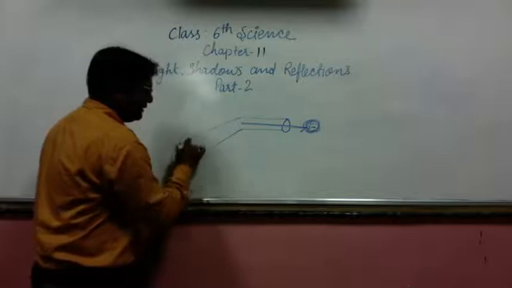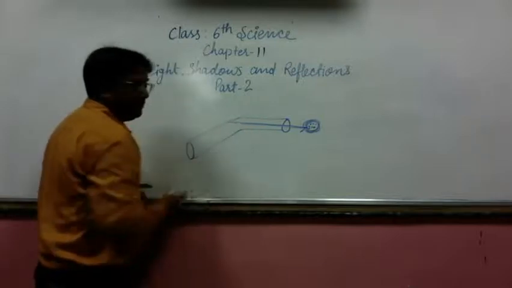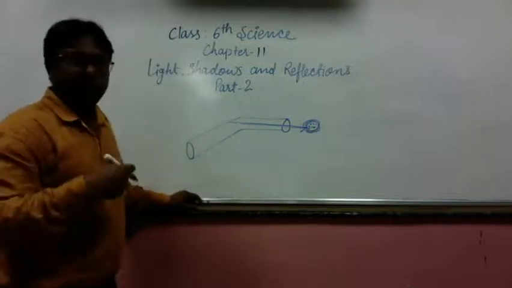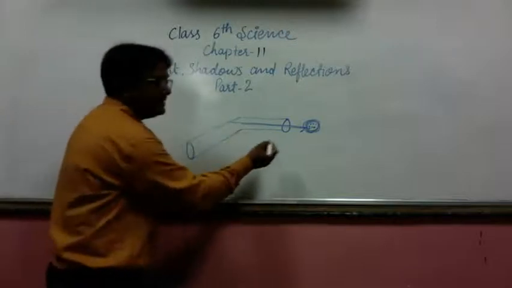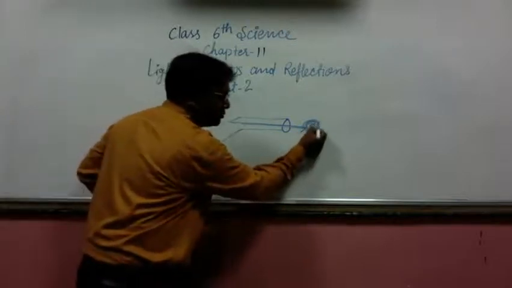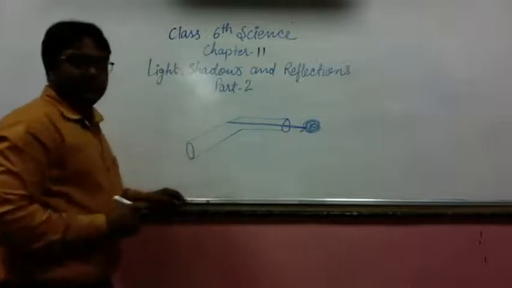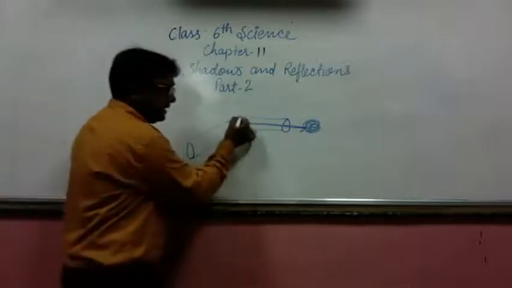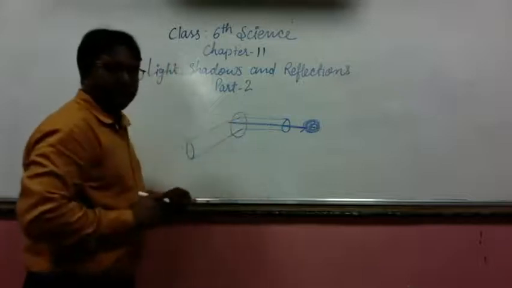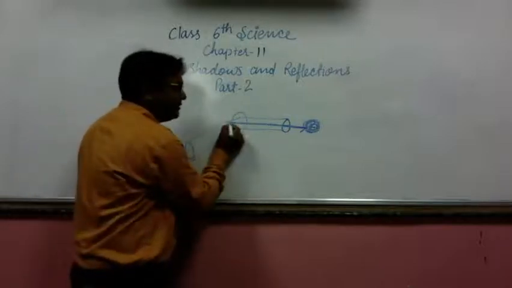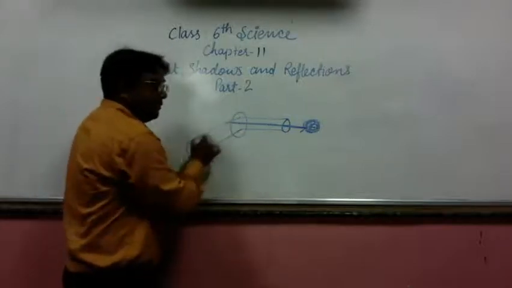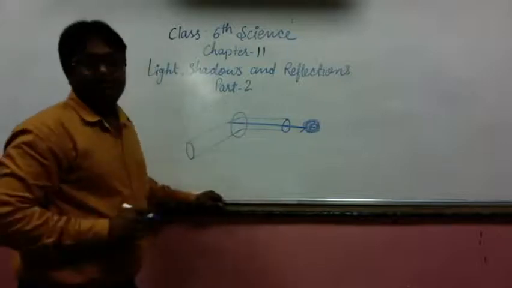But if you bend it, if you make a bent pipe-like structure, what will happen? As light travels in a straight line, the light ray passing through this pipe is bent at this particular corner. So the bent pipe will create an obstacle for it.